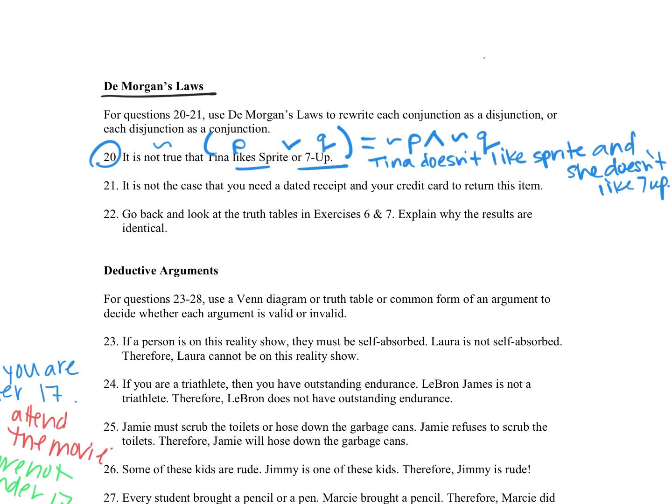For number 21, again, it starts with it's not the case that, and it says you need a dated receipt, so we'll call that P, and your credit card to return the item.